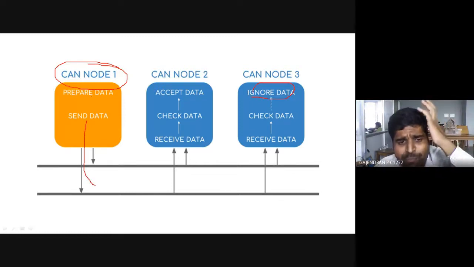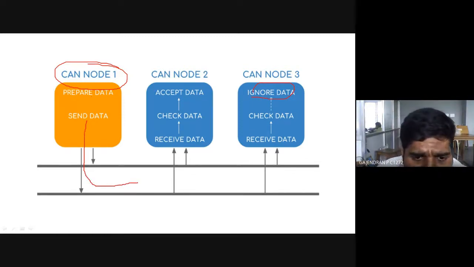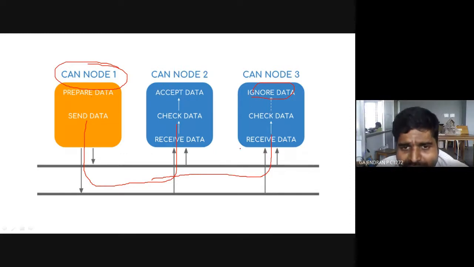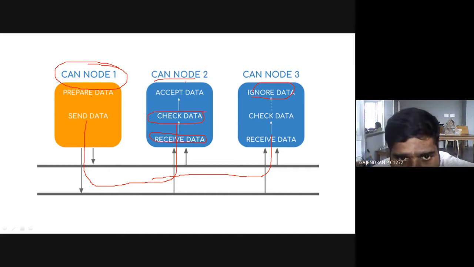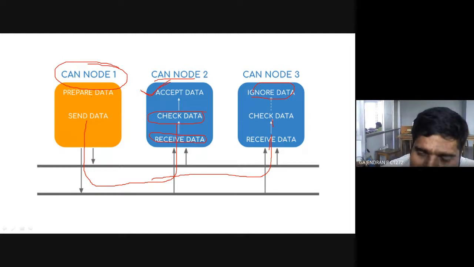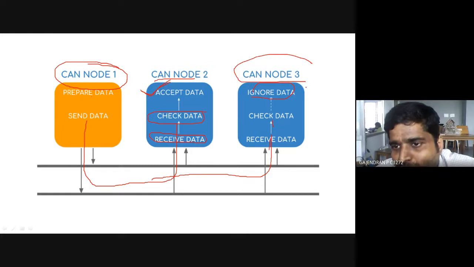For example, CAN node 1 prepares the data and sends it. The particular information is sent to two nodes, CAN node 2 and CAN node 3. CAN node 2 receives and checks: yes, this is required data, therefore it accepts. But in the case of node 3, it receives and checks, but the information is irrelevant to that node, therefore it ignores.